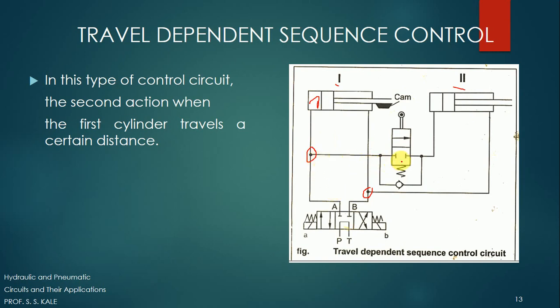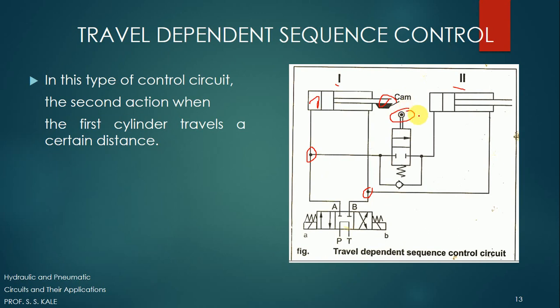Remember that the bypass is closed, so the fluid is not going to cylinder number 2, and hence the piston in cylinder number 2 will not be operated. When fluid comes here and gives force over the piston, the piston starts moving towards the right side. After traveling some distance, this cam will strike this particular roller.